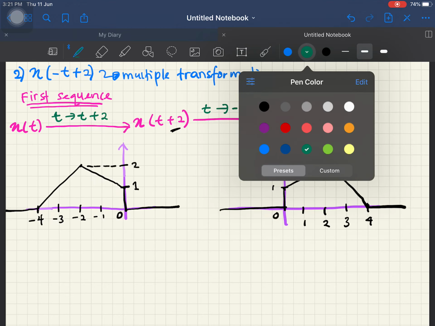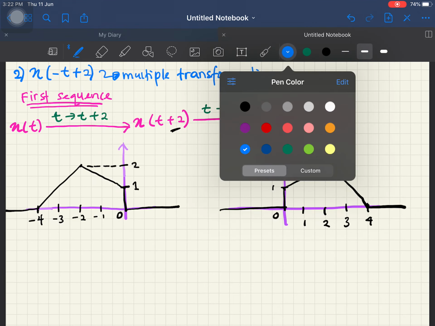So like I said, you can actually solve this problem using another method.